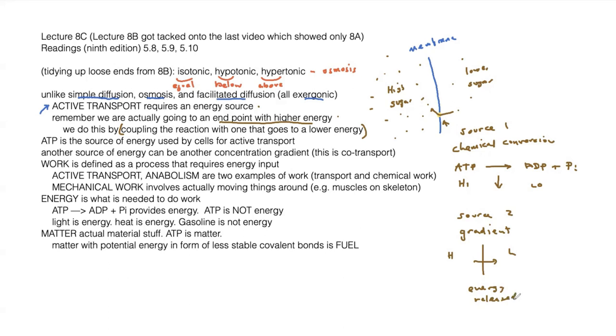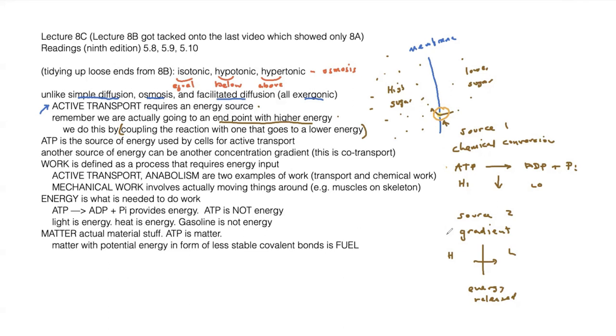Okay. And so the two ideas that I want you to have here is that this process, this actual movement of a molecule or a solute from an area where it's at lower concentration to an area where it's at higher concentration, one, it does require an energy source. And two, that energy source may come from a chemical reaction. Usually that's going to be ATP being converted into ADP and phosphate.